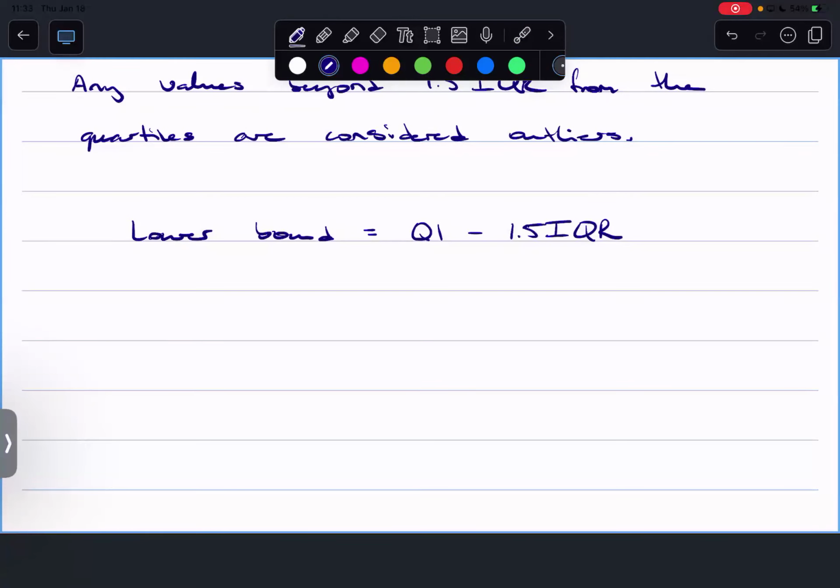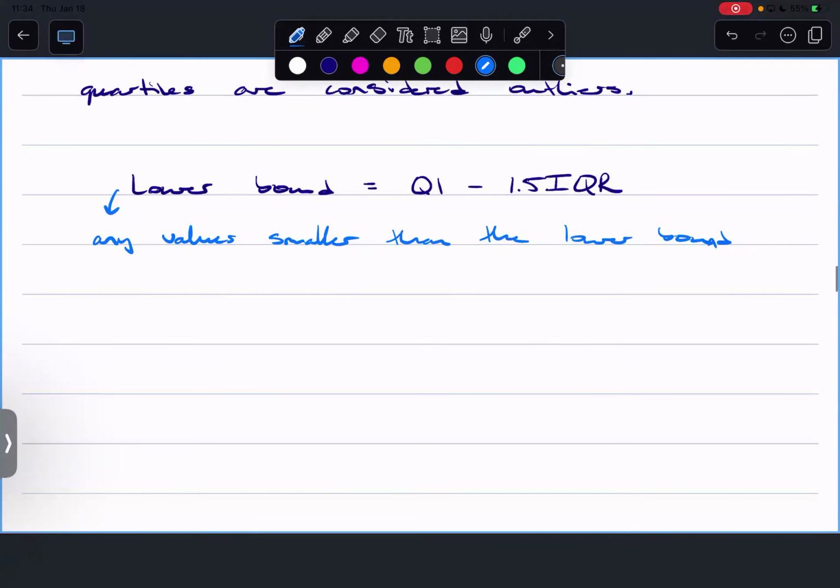Anything beyond that is considered an outlier. Any values smaller than the lower bound is an outlier.